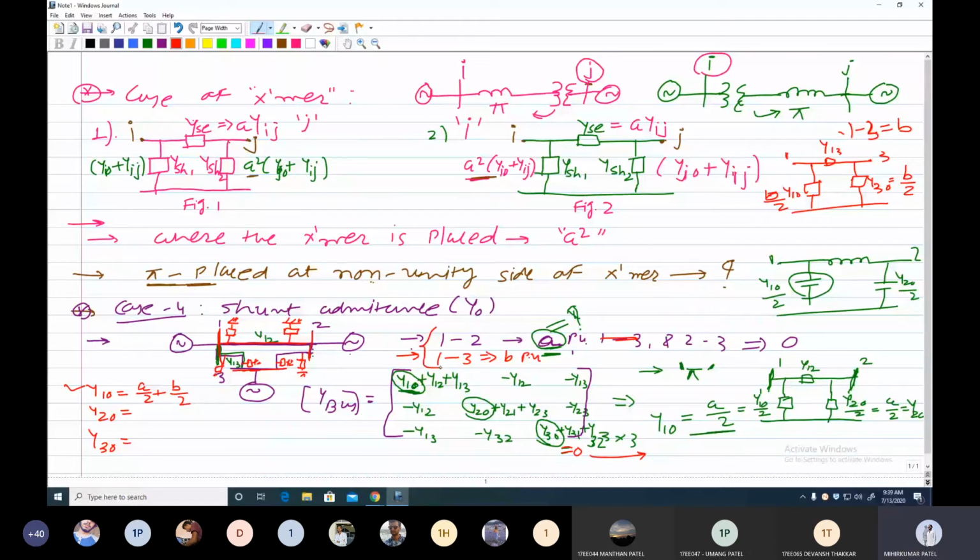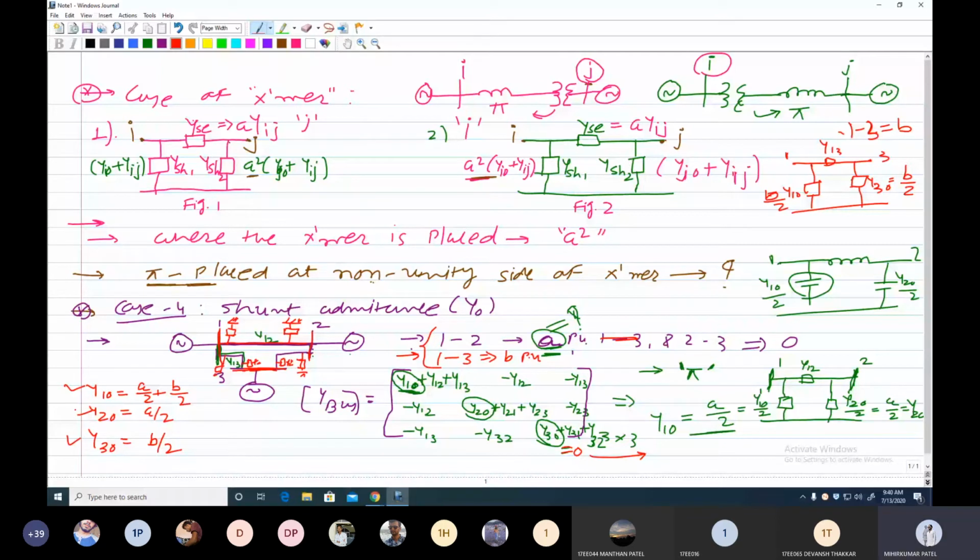It is only A by 2. Very good. What is the value of Y30? It is only B by 2. Very good. So the concept of shunt admittance offered by the transmission line is clear.